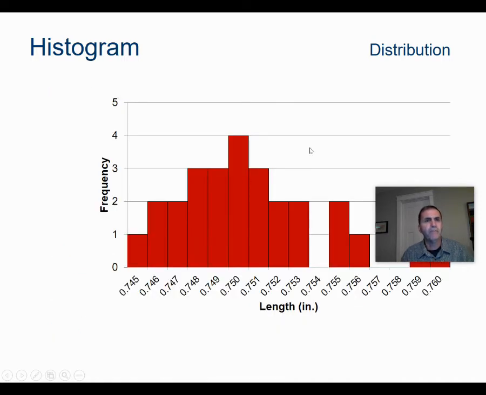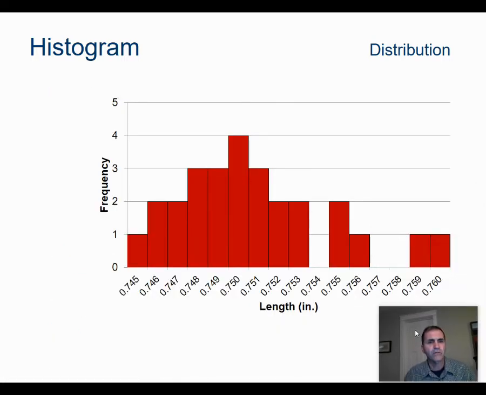Now, this is a little bit better representation of what this looks like. This is a measurement of what's supposed to be a 3/4 by 3/4 by 3/4 cube, and we're measuring one specific side of this to see how close the manufacturer gets to that target of 0.750. Most of them do show up right in the middle, but there are some that are a little bit off.